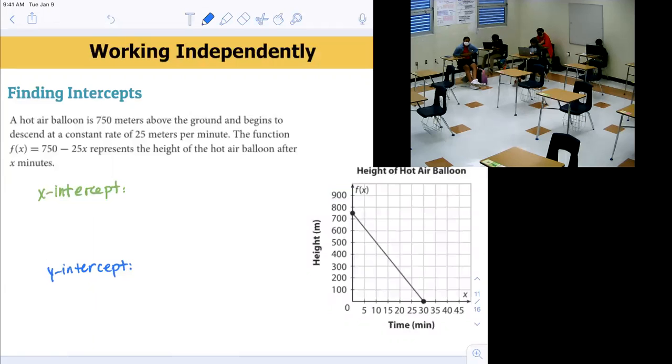And if you have an answer, you can send it to me in the chat. So I want to know not just what it means, but the actual value. So what's the number and what does it mean?